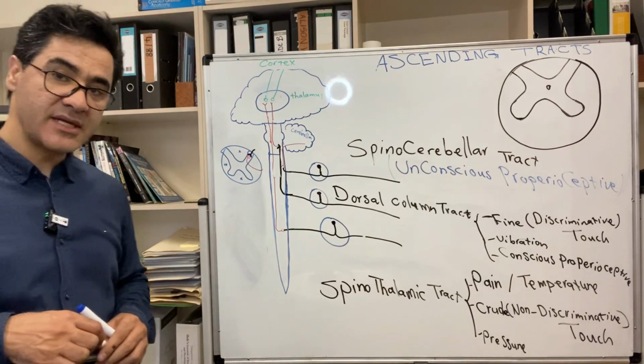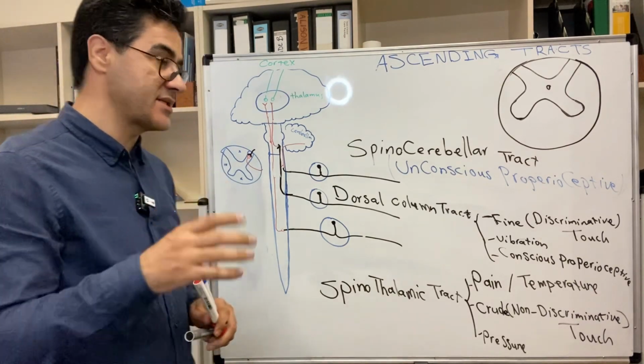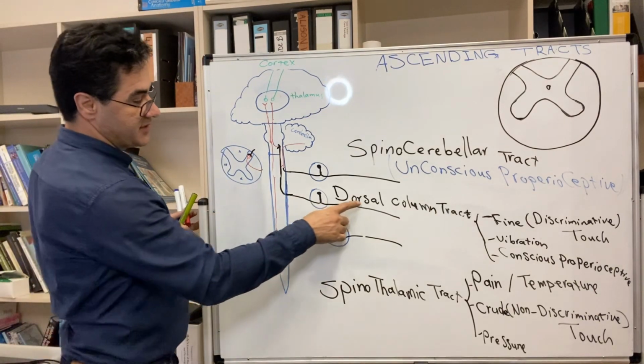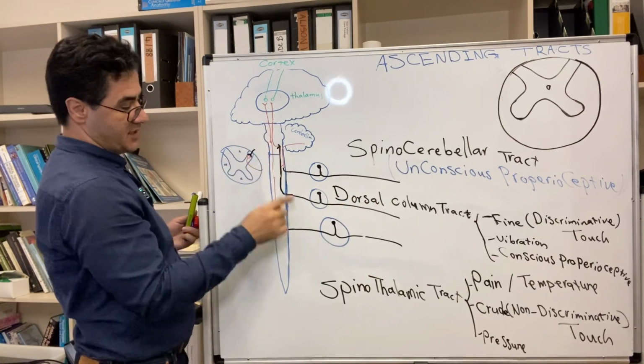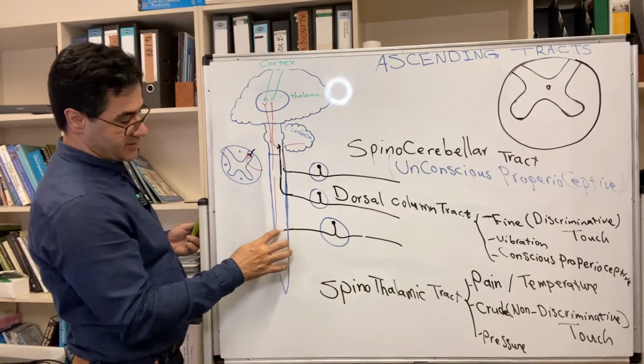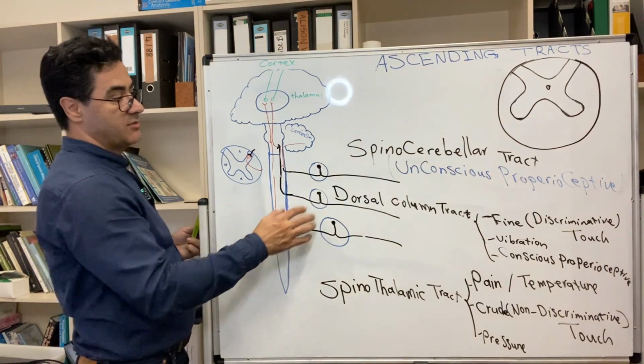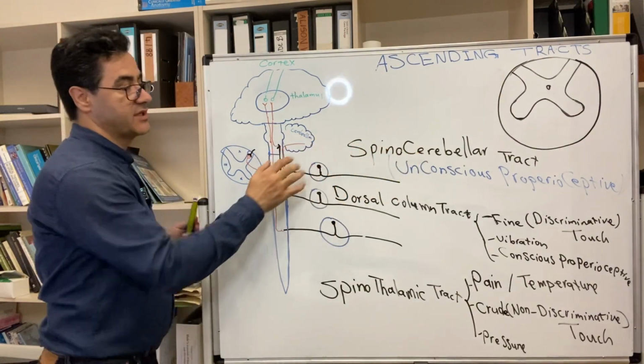Why? Because there is no decussation, there is no crossing. Whereas the dorsal column tract decussates in the brainstem, and the spinothalamic tract decussates here in the spinal cord. But the spinocerebellar tract has no decussation.